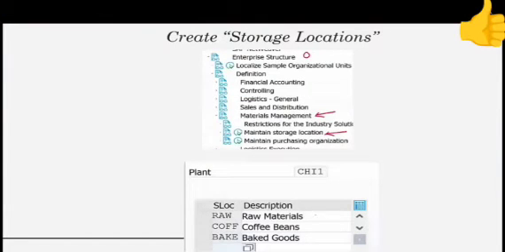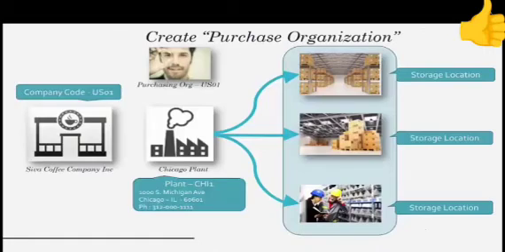So we have maintained three different storage locations and they're automatically assigned implicitly to the Chicago plant. Now, the next enterprise structure element is called a purchase organization.